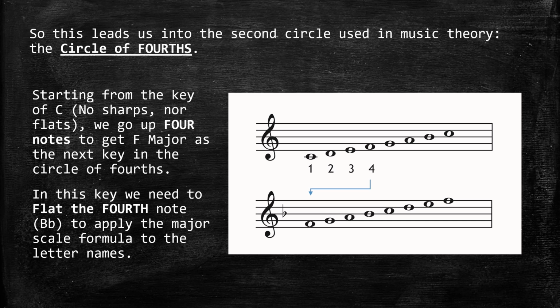Starting from the key of C with its no sharps nor flats, we go up 4 notes to get F major as the next key in the circle of fourths. In this key we need to flat the fourth note, B flat, to apply the major scale formula to the letter names.